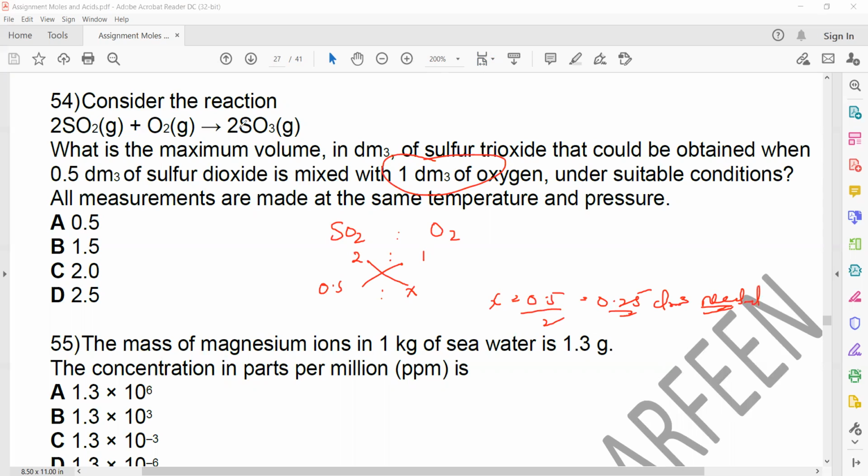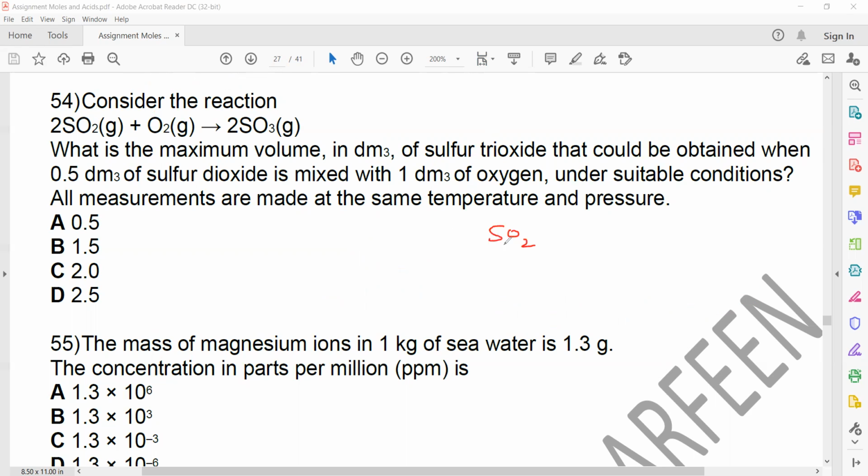We have 1 dm cube of oxygen, so it means oxygen is an excess reagent where sulfur dioxide is a limiting reagent. Then we'll use the ratio of the limiting reagent to find the amount of product. So ratio between sulfur dioxide and sulfur trioxide is 2:2 or 1:1. So if we have 0.5 dm cube of sulfur dioxide, how much sulfur trioxide will be there?